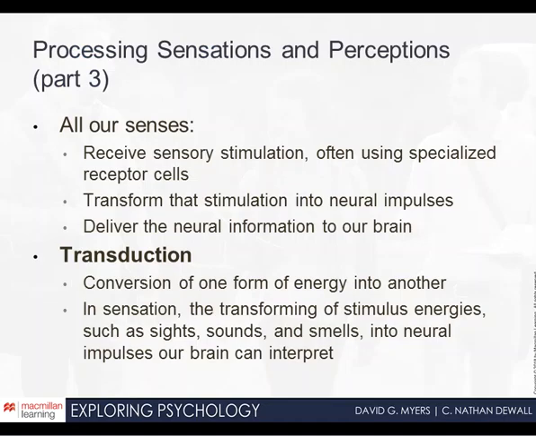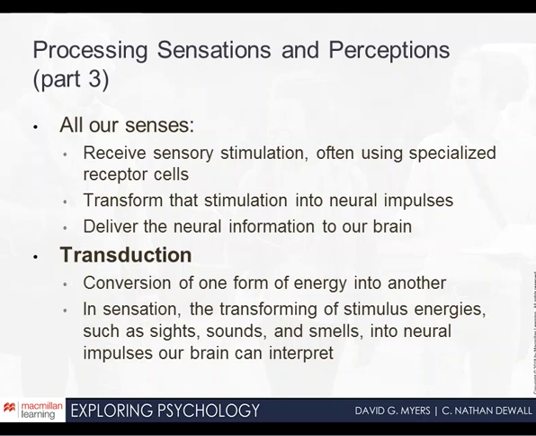So, all our senses receive sensory stimulation, often using specialized receptor cells. They then transform that stimulation into neural impulses, and they deliver the neural information to our brain. So, sensory receptor cells, they're specialized receptor cells in our body that are designed to detect certain types of stimulation or stimulus in the environment.